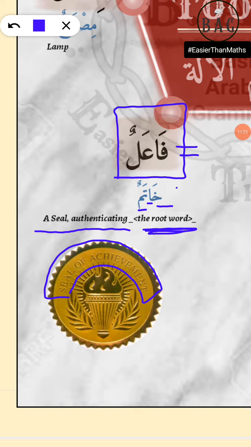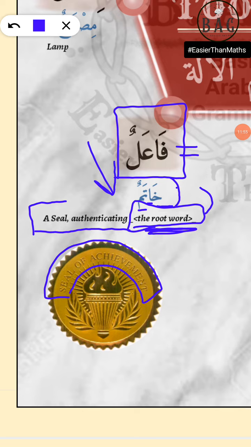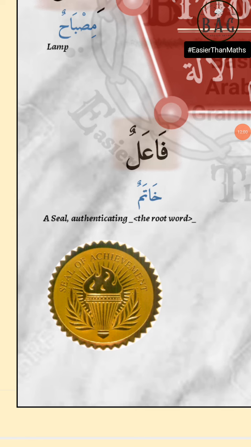Because the meaning of the root letters kha, ta, mim is end. So how you're going to understand the meaning of fa'alun in your head is as follows: it is a seal or a declaration that authenticates the, and then fill in the blank where the meaning of the root word is going to come. I'm going to elaborate on this in the end by giving you another example, so don't worry if you don't quite get it at this stage.